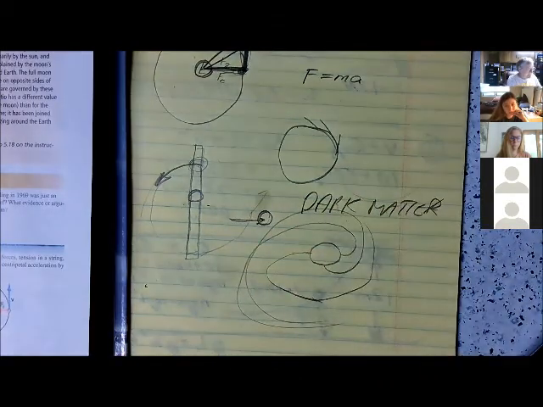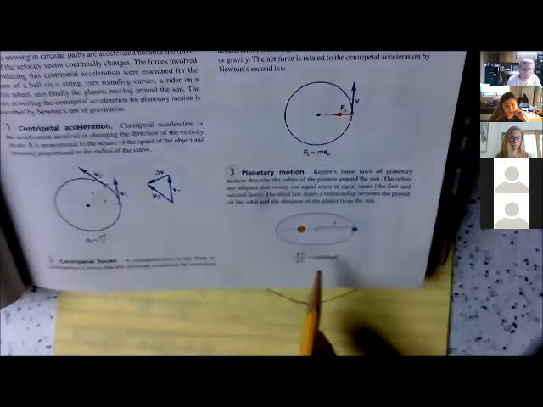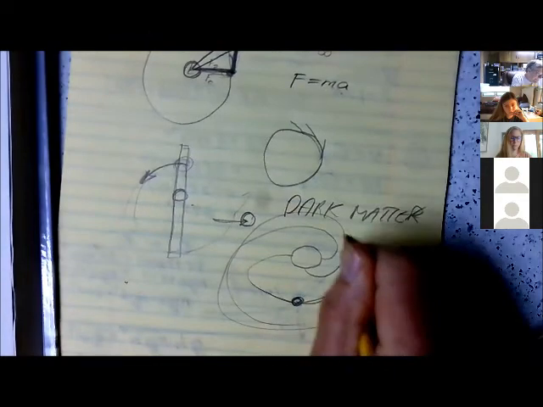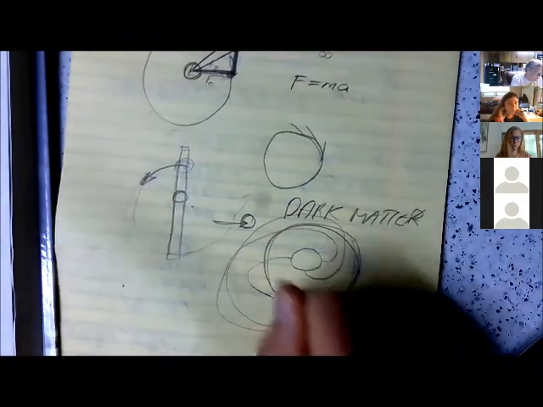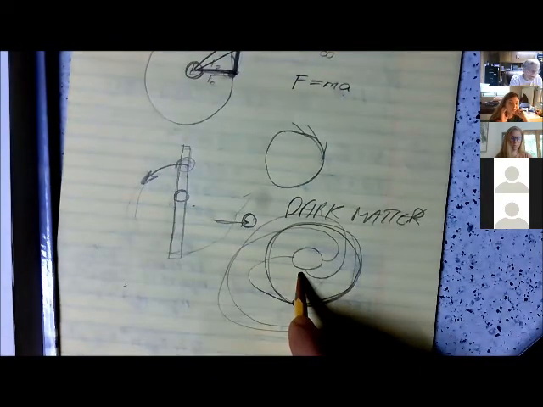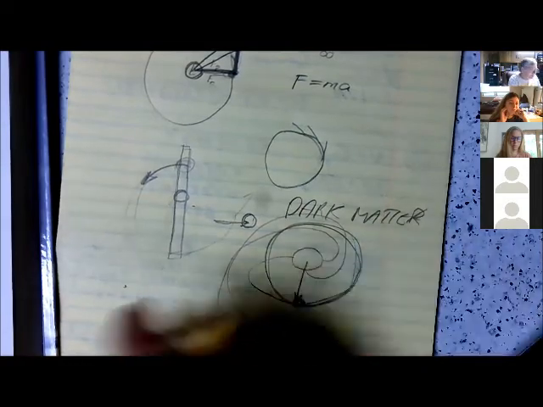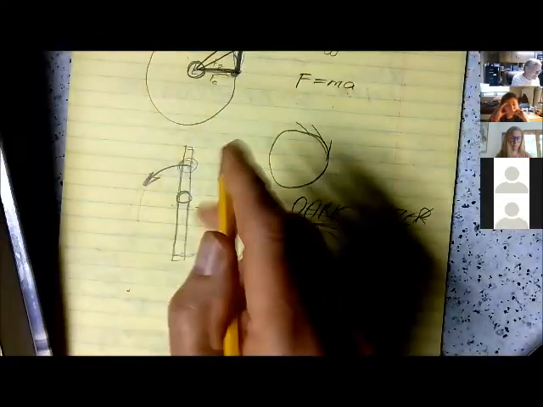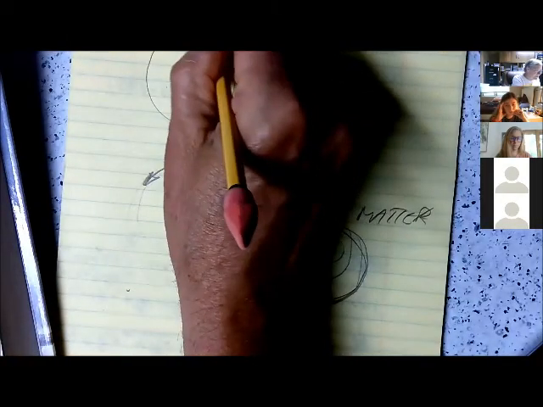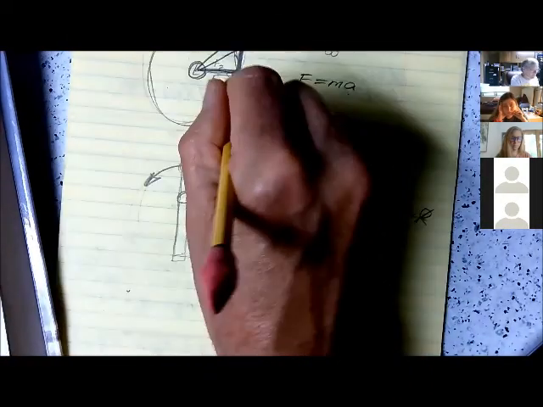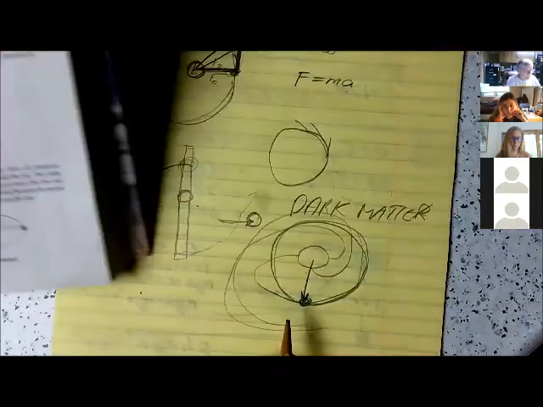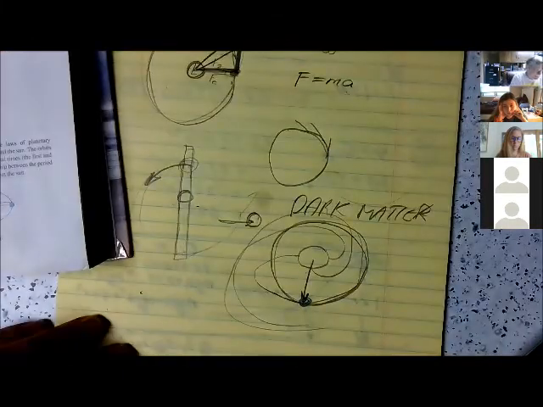This formula should work for stars going around. How long it takes a star to orbit the center of the galaxy should depend on its distance, according to this formula, the same as how long it takes a planet to go around the sun, or the moon to go around the earth. It's all supposed to be related to this formula. So if I remember right, it was a 1.